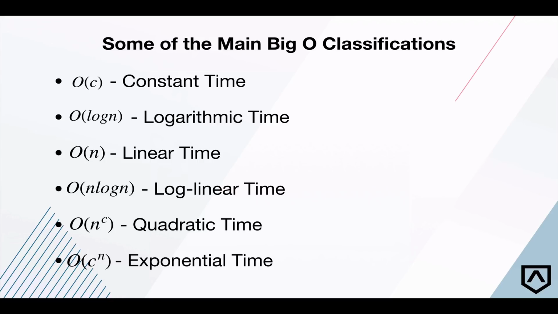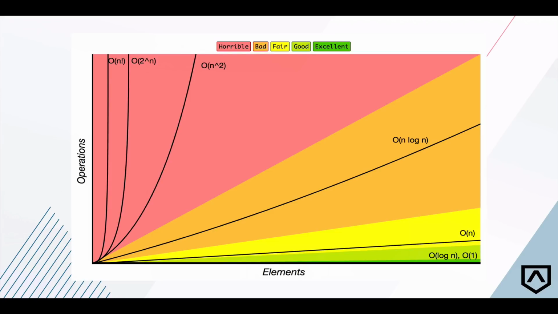When we're talking about big O classifications, c is just the placeholder for some static constant, some number that is not a function of input size, and n you can think of as the actual size of the input to whatever algorithm we're considering.